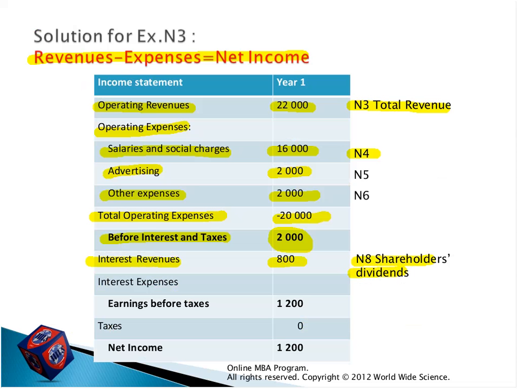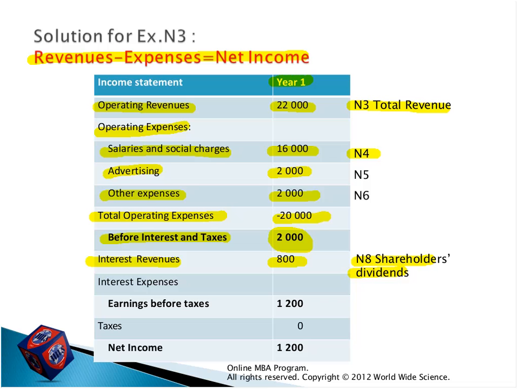It doesn't matter that we haven't paid the cash, because we are going to pay next year, but this belongs to this year, the first year, right? Because it's recognized from the revenue which we have already earned this year. So we have to put this as accrual expenses under interest revenues in the income statement.